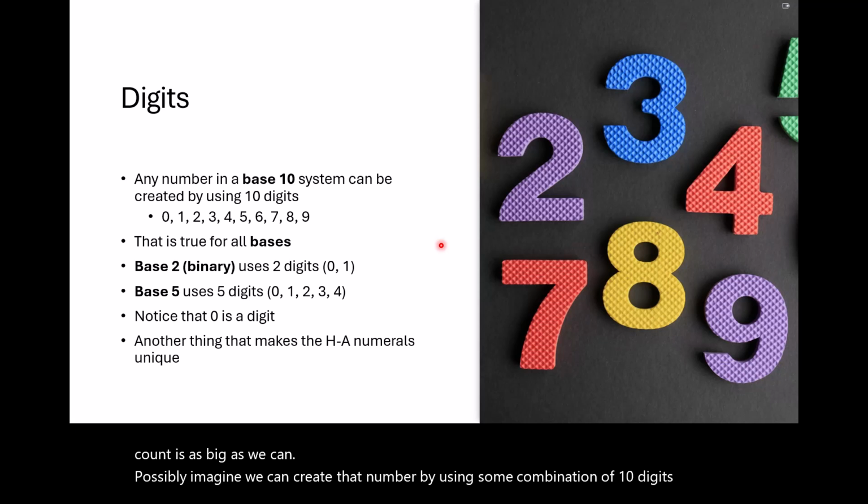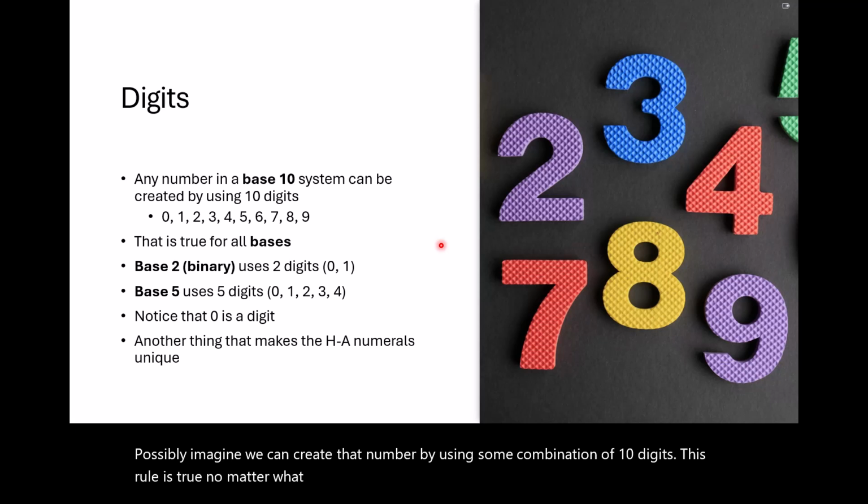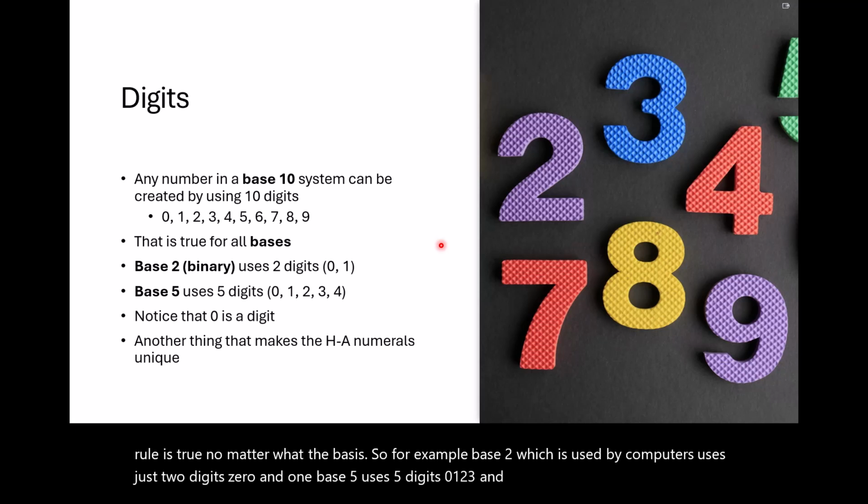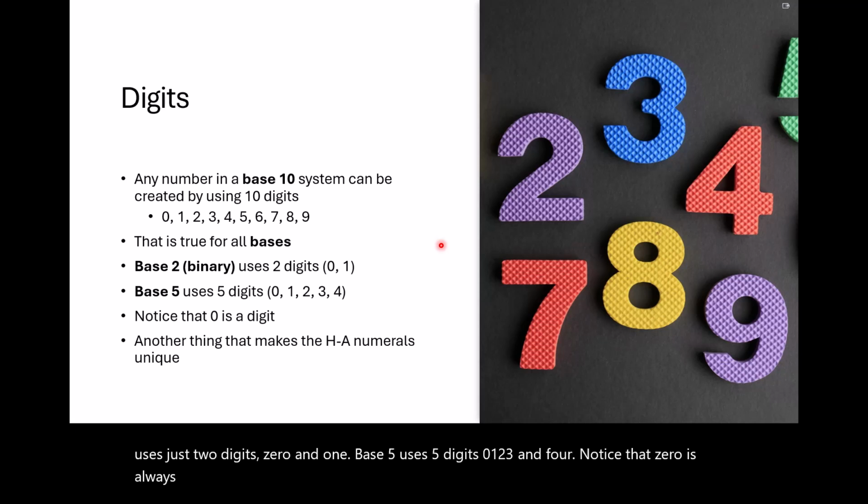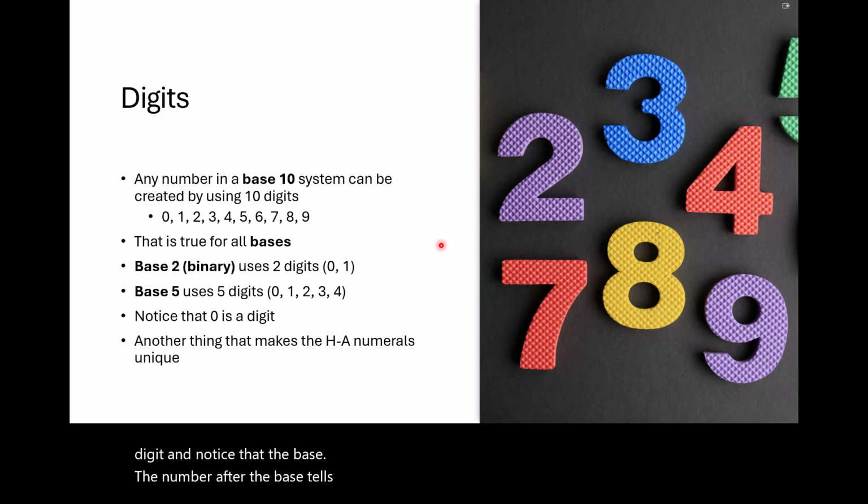This rule is true no matter what the base is. So for example, base 2, which is used by computers, uses just 2 digits, 0 and 1. Base 5 uses 5 digits, 0, 1, 2, 3, and 4. Notice that 0 is always a digit. And notice that the number after the base tells us how many digits there are.